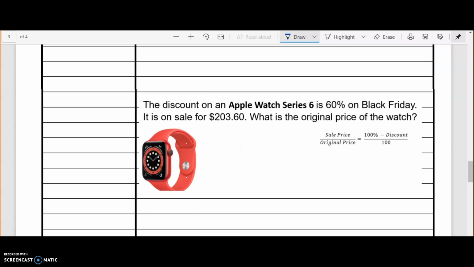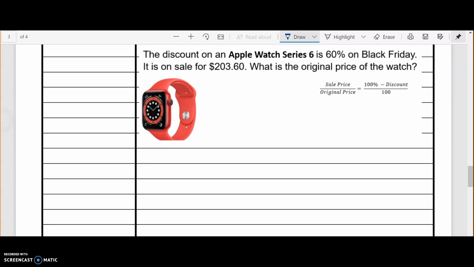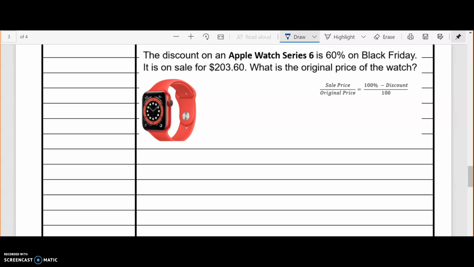All right. Apple Watch. So on this one right here, the discount of an Apple Watch, 60% off on Black Friday. That's why I do all my shopping on Black Friday. It is on sale for $203.60. What was the original price of that watch?